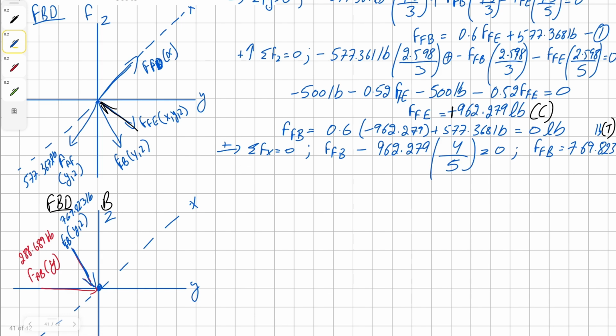After that we have force BD, which I'm going to assume is also in compression, and it's projecting along x, y, and z. And then we have our force BC, which is projecting along the x-axis.